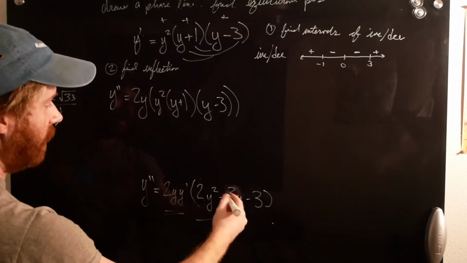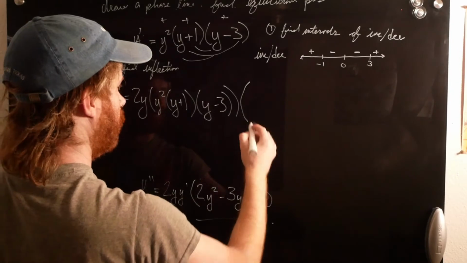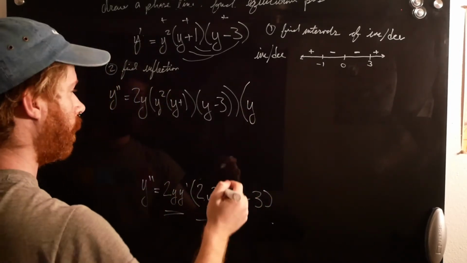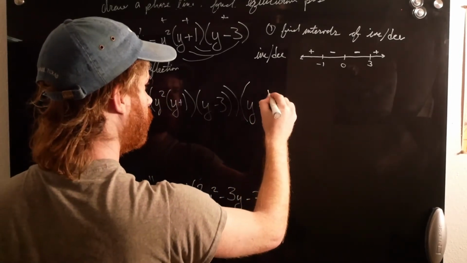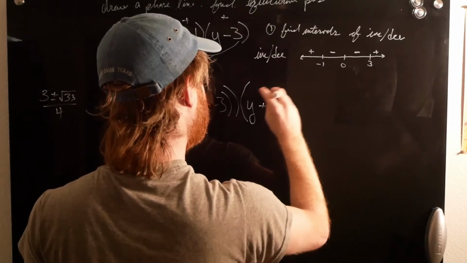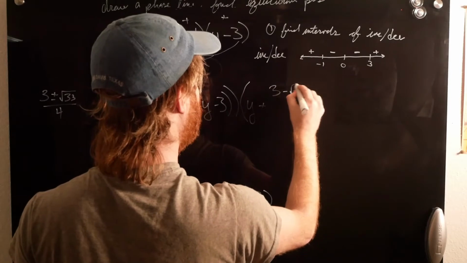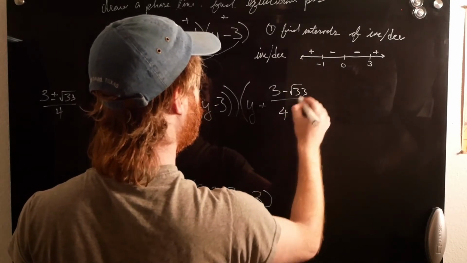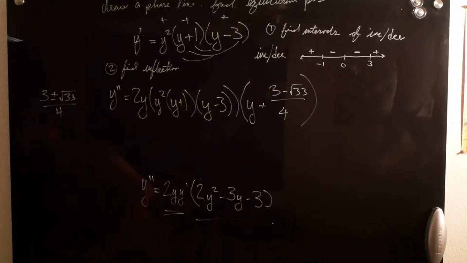And now we're going to take this and write it like this. We're going to say it's going to be y plus root, plus 3 minus root 33 over 4. I believe, let me get my calculator real quick.